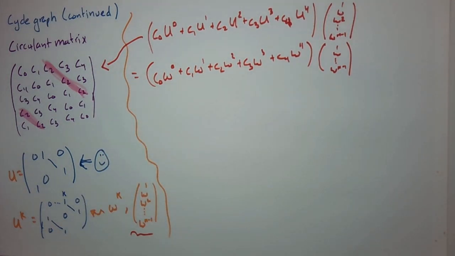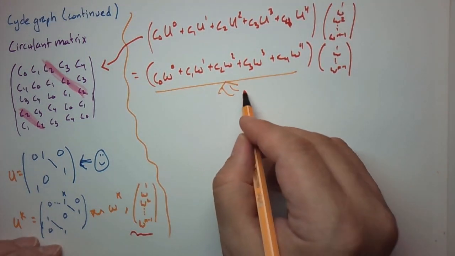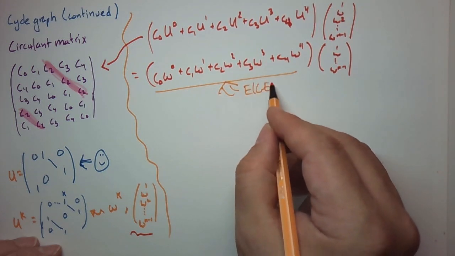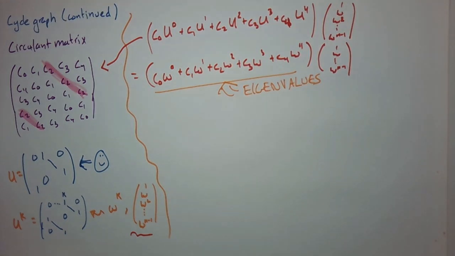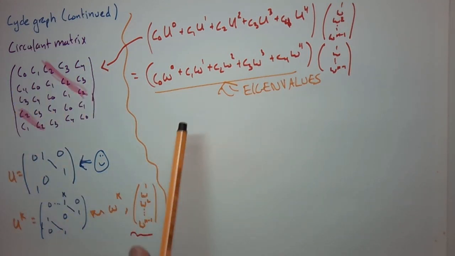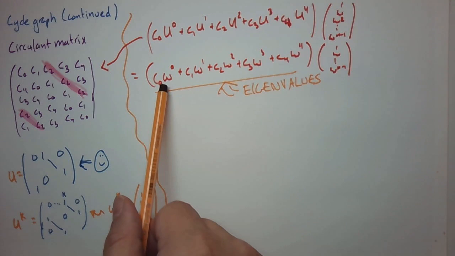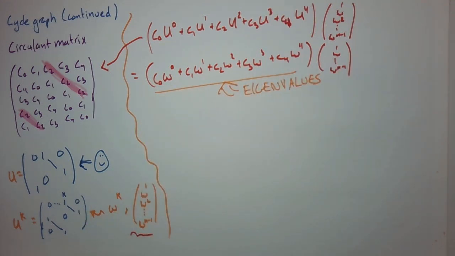Which means that, lo and behold, these are our eigenvalues. So once you have any circulant matrix, you get all the eigenvalues. You just need to know the entries in your first row, fill that in, and run through each root of unity. For each root of unity, you get an expression. All right, good.